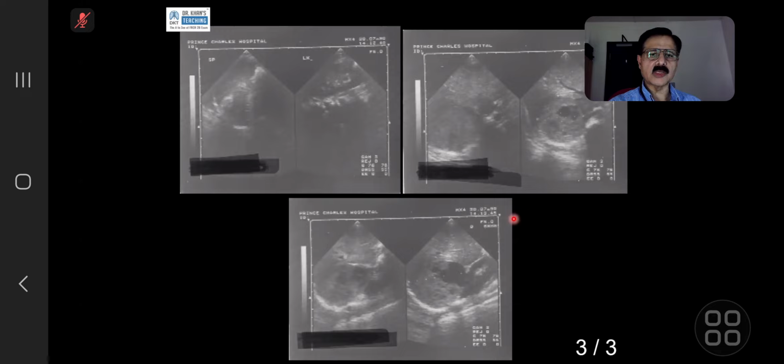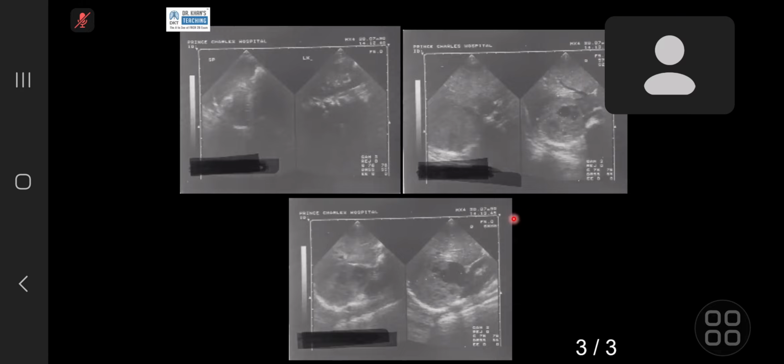Here is the ultrasound. In this ultrasound, there are multiple images. I can see that there is a well-defined mass lesion. In the second image on the right, the lesion is seen inferior to the liver, because I can see the intrahepatic biliary radicles. So this is the liver, and there is a mass lesion seen inferior to the liver.